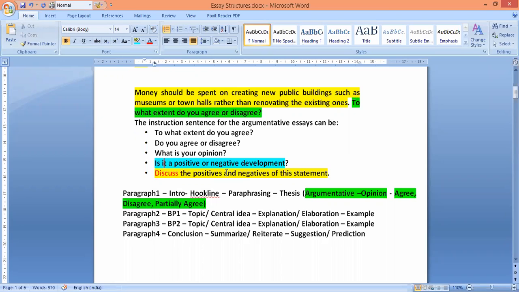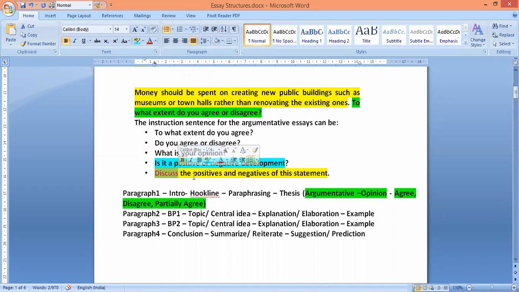You have to find out whether they are asking me what I think, then it is an opinion. If they are asking me, is it positive or negative development, it is an opinion. But here they're not asking me. They are only giving me an instruction. They're telling me discuss it.